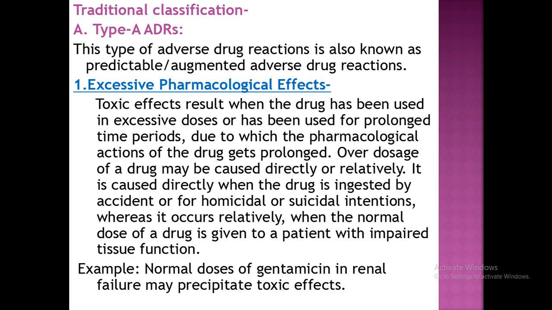Overdosage of a drug may be caused directly or relatively. So it is caused directly when the drug is ingested by accident or for homicidal, that is with the intention of murdering someone, or suicidal intentions, that is murdering of self, whereas it occurs relatively when the normal dose of a drug is given to a patient with impaired tissue function, like in case of liver failure, renal failure.